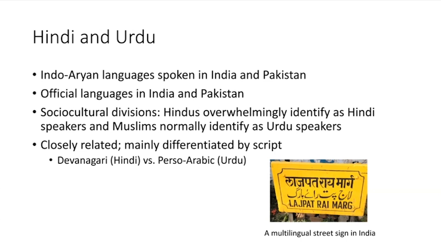But there's a sociocultural division between them, which is a religious one. So Hindus overwhelmingly identify as Hindi speakers, and Muslims normally identify as Urdu speakers. And so it's an interesting question what will happen to that as both languages are written quite a lot in the Roman script.